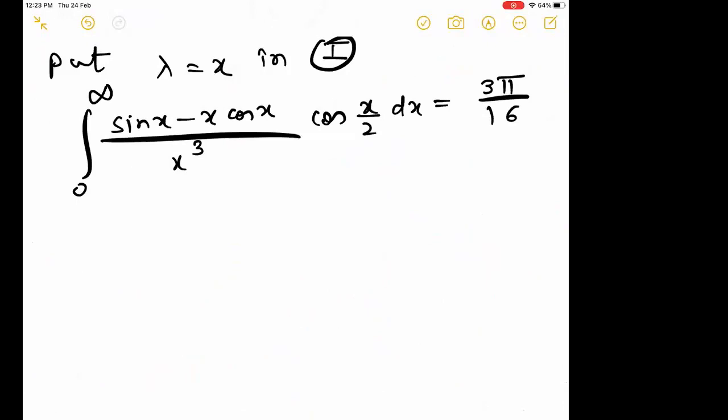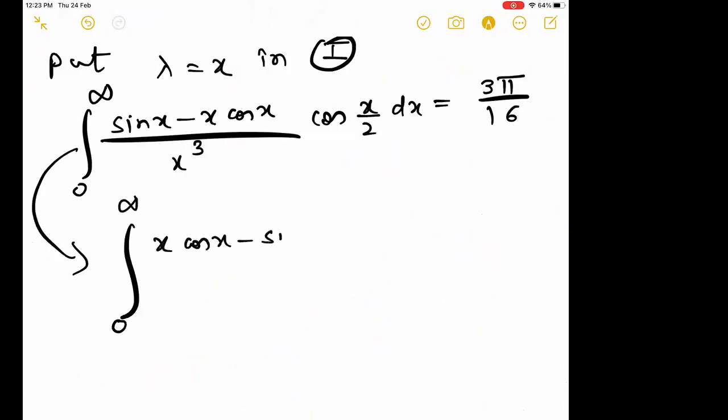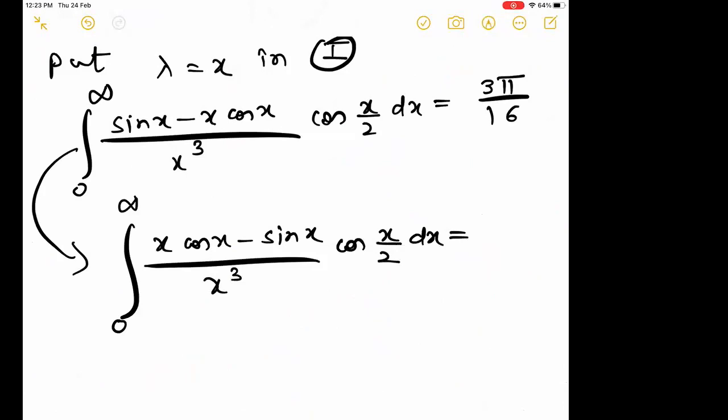So you change that order, which implies integral 0 to infinity (x cos x minus sin x) upon x cube into cos x by 2 dx. What do you write on the right side then? I have made the change in the left hand side, changing the terms. Minus 3 pi by 16. Yes, very good. So this is minus 3 pi by 16. That's it. So that is the final value.